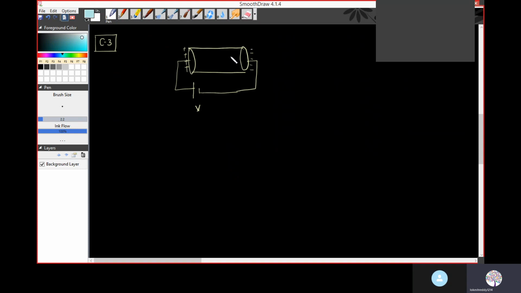So in this field, the electron will try to move in this direction. If electrons are moving in this direction, then current is in the opposite direction.